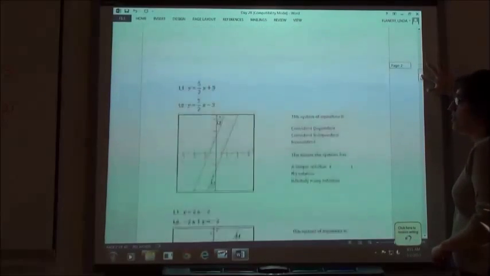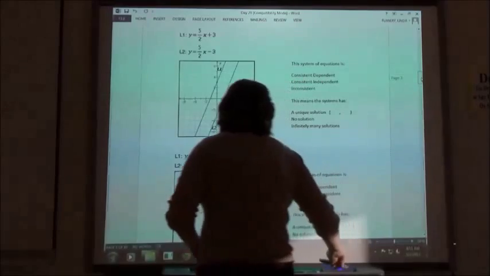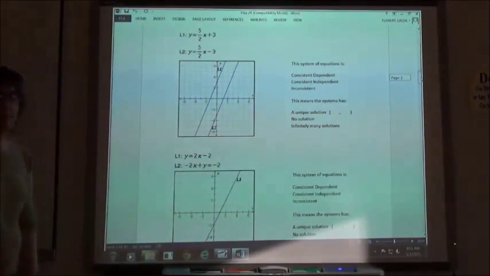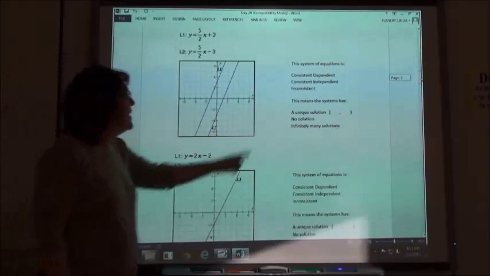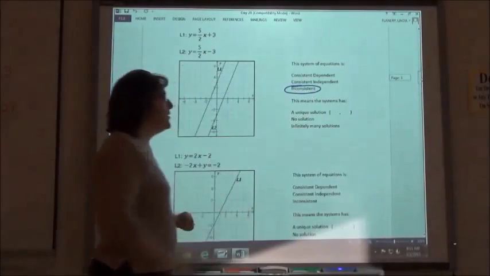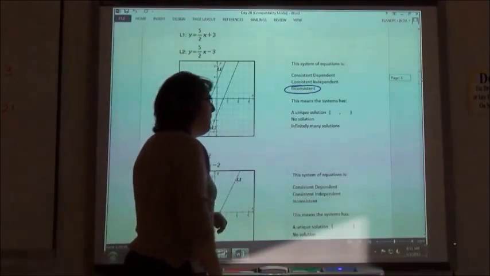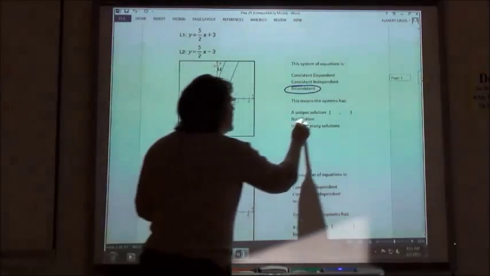The second one on number 2 is which kind? It's inconsistent and has no solution, because my lines aren't going to touch each other.